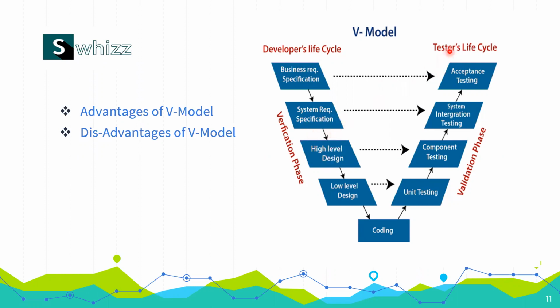That is tested by the testers. This is not the exact way to move from here to here. This is just a dotted line. So every phase will be checked by the testers, because the testers are maintained from the beginning. That is the only intention of this.